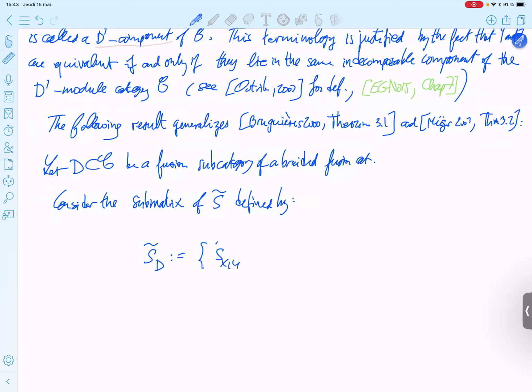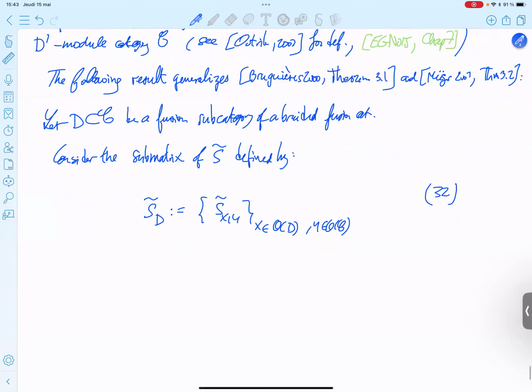So S, X, Y. So X is a simple object of D. So you restrict to that, you truncate, but Y is any simple object. So you should not truncate both variables, only one variable is truncated. So it can be the row or the column. I never remember the convention, which one should be the row, which one should be the column.